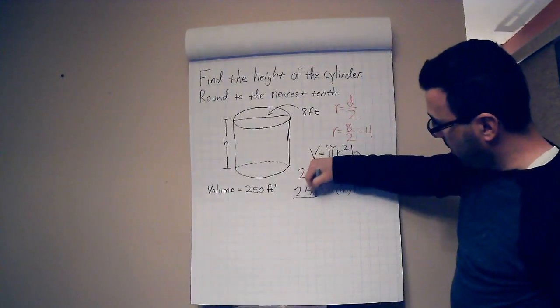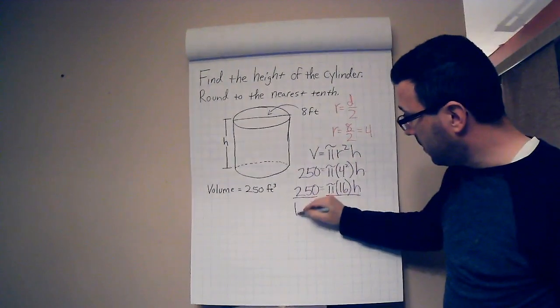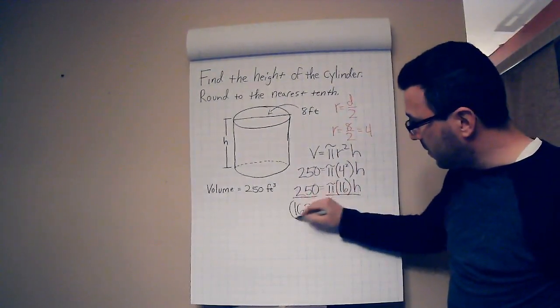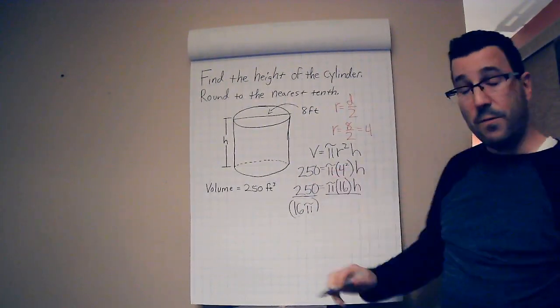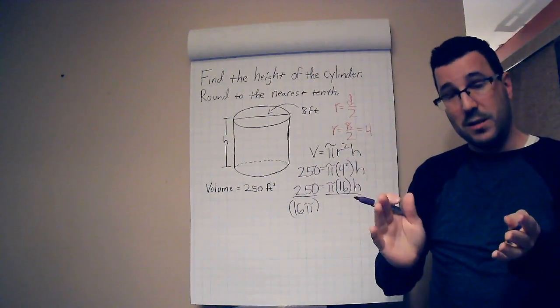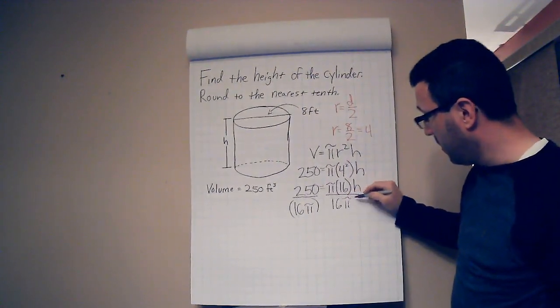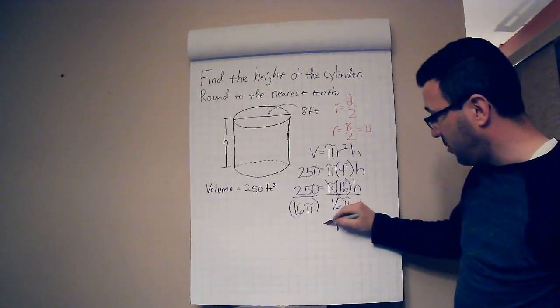So what we're going to do is divide both sides by 16 pi. What I would do, if you're putting it in your calculator, is do 250 divided by, and then put in parentheses 16 pi. I'm not going to do the same thing here, because this is just going to cancel out. And we're going to be left with h on that side.